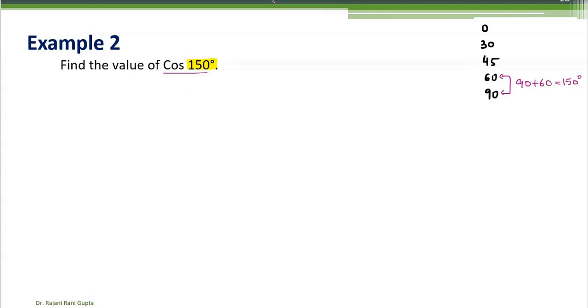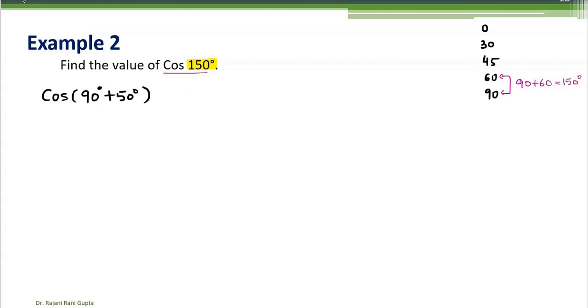Suppose you didn't get it, then you check 90 with 45, okay? But here, as you get directly 90 plus 60 as 150, you write this here: cosine of 90 plus 60 degree. It doesn't matter which angle you write first because addition is commutative.